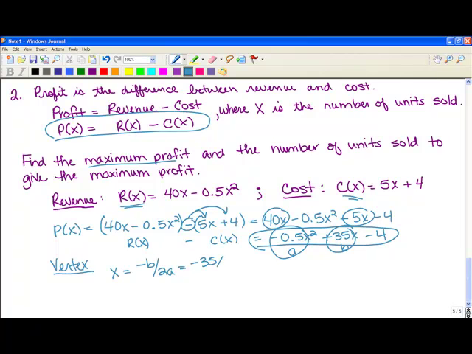So we have negative 35 divided by 2 times negative 0.5. And that turns out to be negative 35 divided by negative 1, or just 35. Okay, so this will be our x value. And if we look back up to the beginning, we see that x is the number of units sold. So we have 35 units sold.